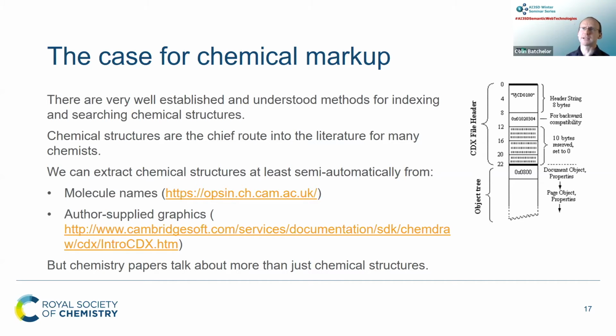And it only takes a few afternoons to write code that can extract a chemical structure from a ChemDraw file. However, authors are endlessly creative in the way they draw things, and it would probably take a lifetime to deal with all the variations that they can come up with, and some of the abuses that they do to the format.